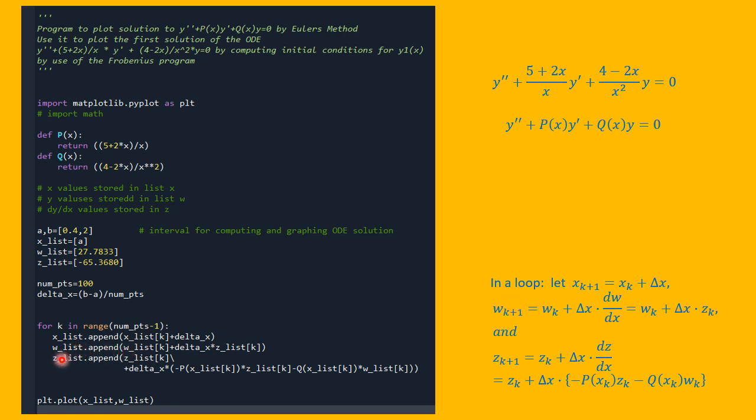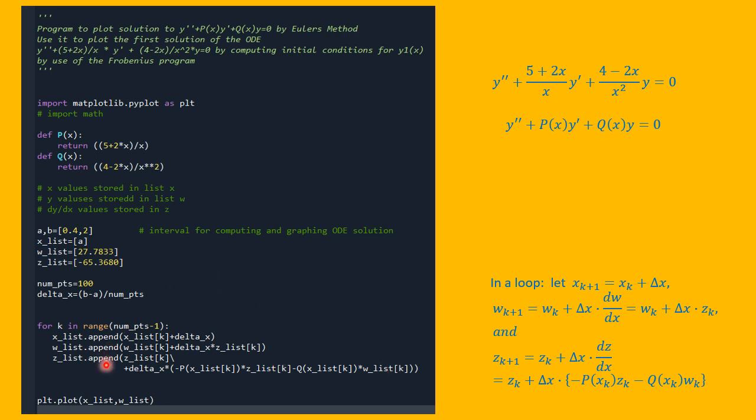We also augment the z list by the next z value using this formula over here. And since we defined p and q already, we can just use them in here: p of x list of k times z list sub k plus q of x list sub k times w list sub k.